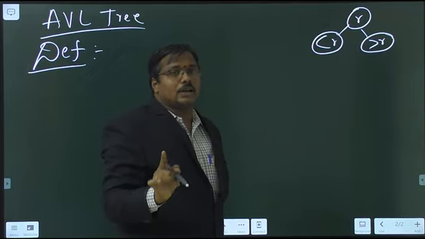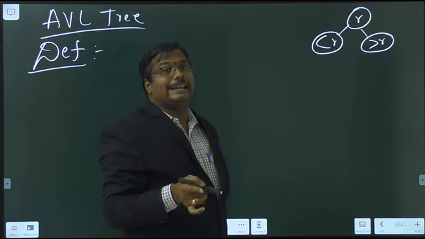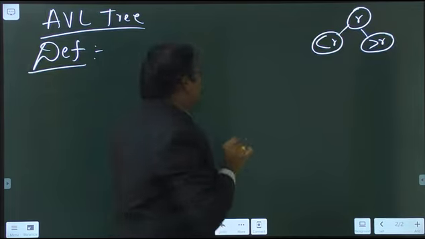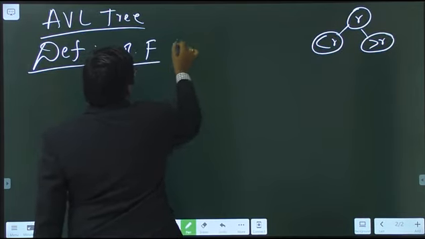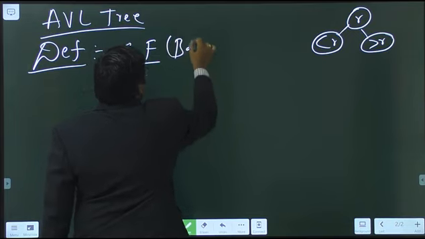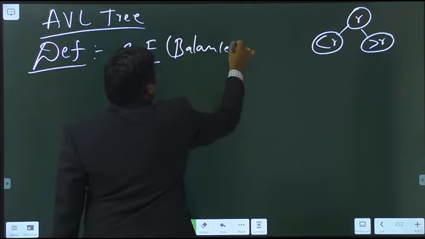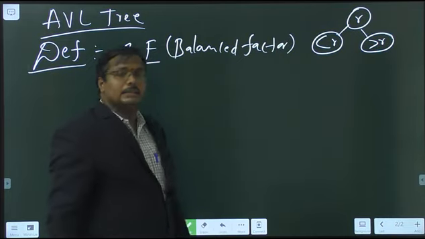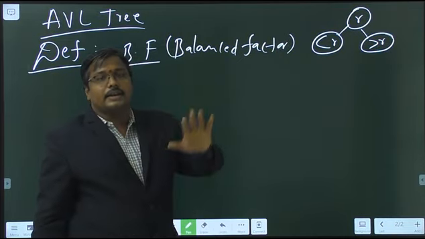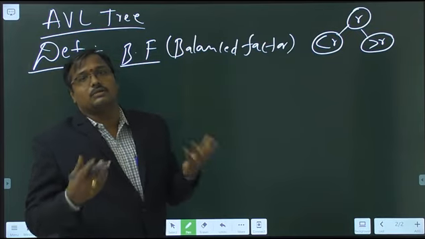AVL tree is also a balanced binary search tree. In addition to that, the balance factor, BF, is nothing but the balanced factor. How to calculate it? Height of the left subtree minus height of the right subtree is called the balanced factor.